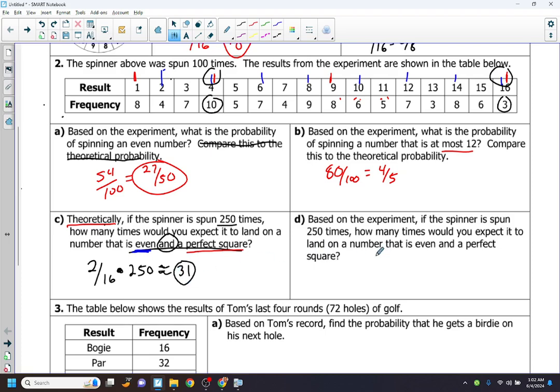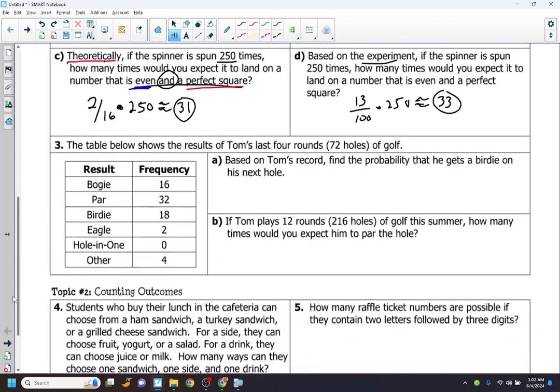This one, based on the experiment, now I look at these numbers. So 10 plus 3 is 13 out of 100, and I times that by 250. In this scenario, this would be about 33 times. Okay, all right, let's go to the next one.